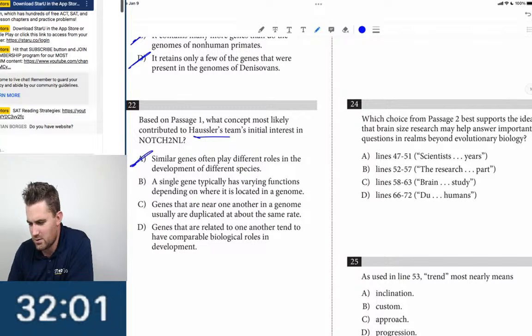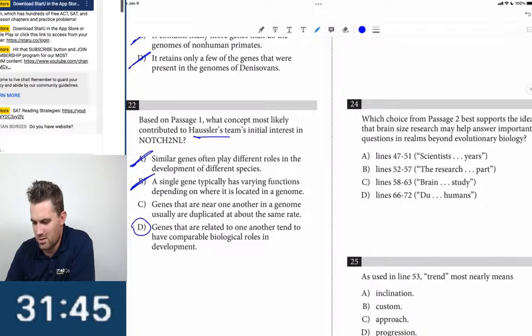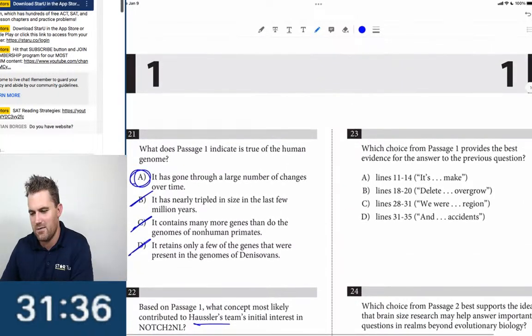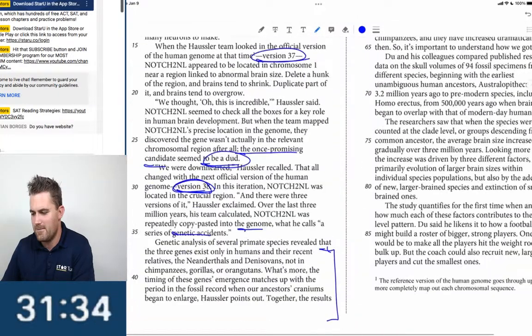Gene typically has varying functions depending on where it's located. I don't think so. Maybe D. I think that's just getting at the point that if they're related to one another, they were talking about it as making vital decisions, right? And I think that has to do with it.